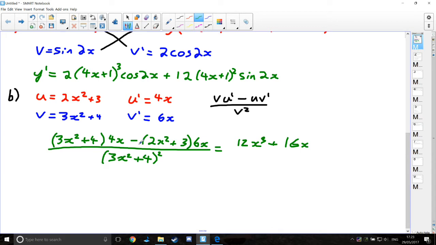Now this entire term here is going to be negative, so that's negative 12x cubed. Oh look, that's just going to vanish. Plus, no, that's going to be negative. It's all negative because this thing here at the front, that's going to be minus 18x.